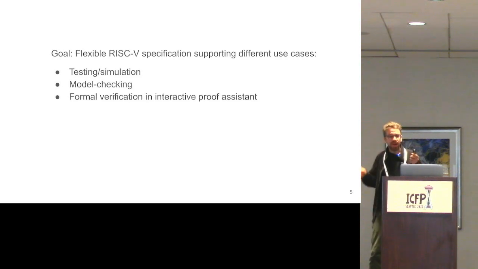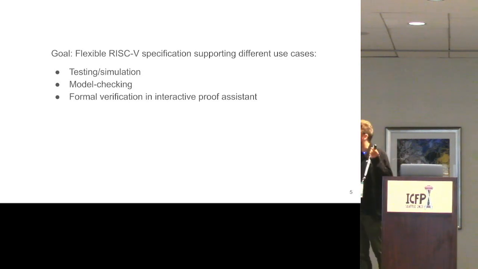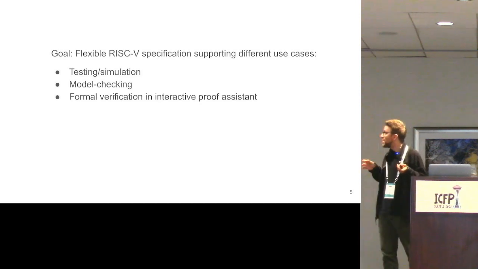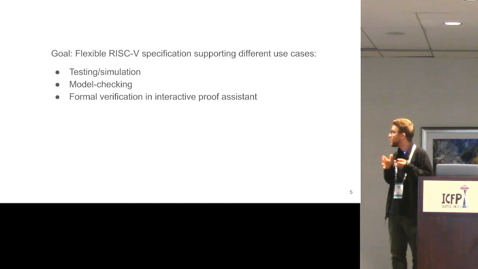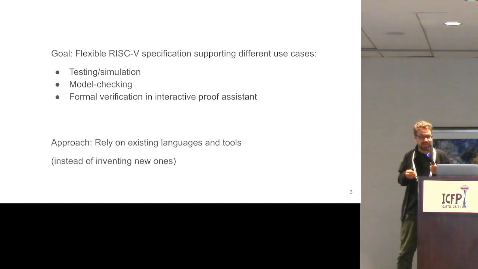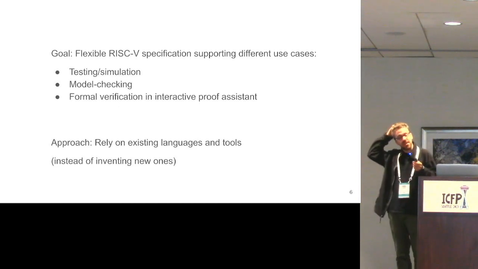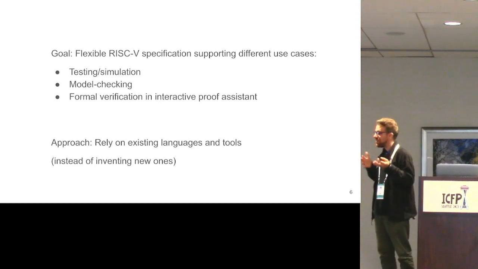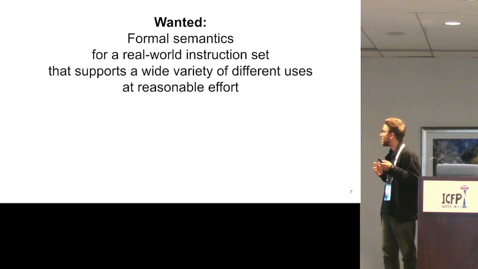So the goal that we have is to create a flexible RISC-V specification that supports many different use cases, such as testing and simulation, model checking, but also formal verification in an interactive proof assistant. And the approach that we chose was to rely on existing languages and tools instead of reinventing new ones.